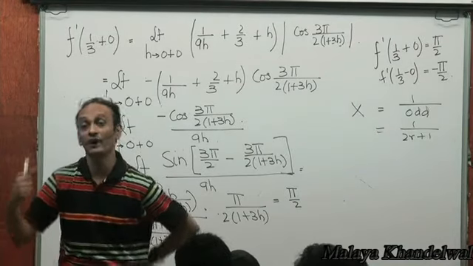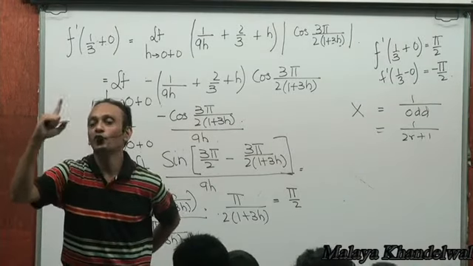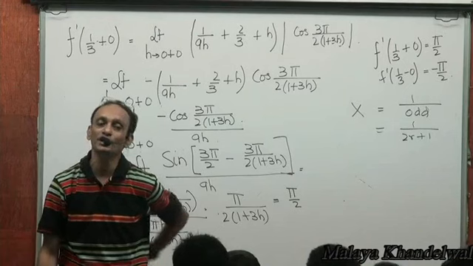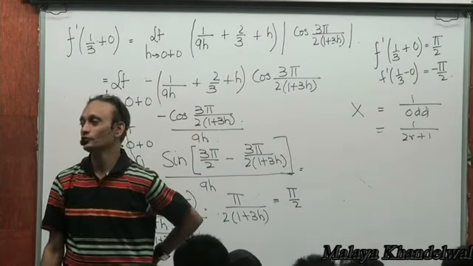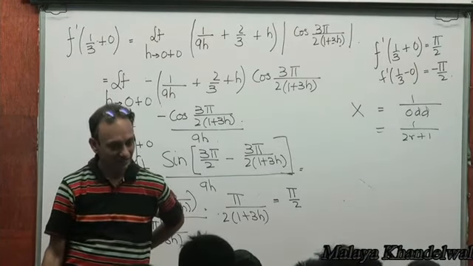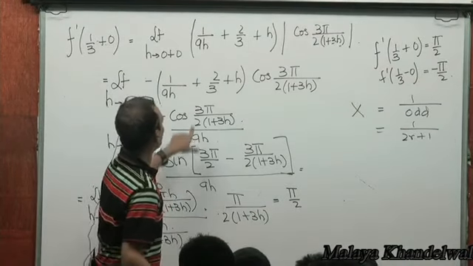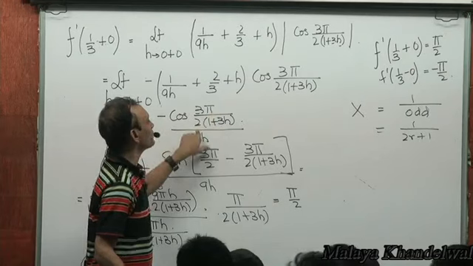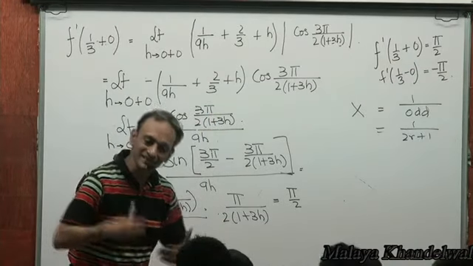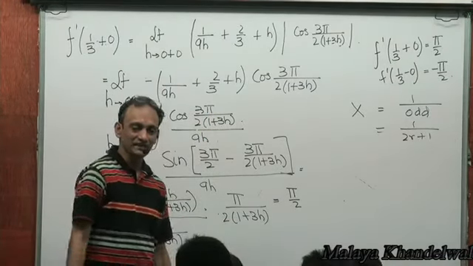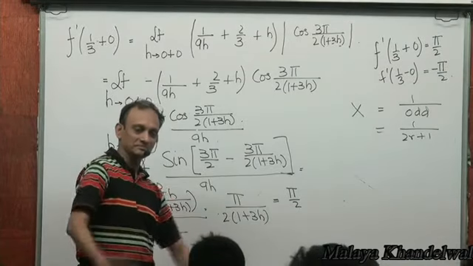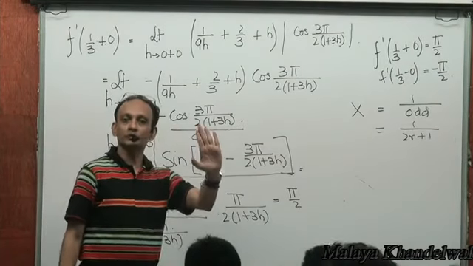This is 1 by 3, 1 by 5, 1 by 7. At all these points, this given function will not be differentiable. You can actually perform a check. Same way, instead of 3 pi by 2, you will get 2r plus 1 pi by 2, 1 plus, etc. And the same manipulation, right? And then express in terms of sine. Yes or no?